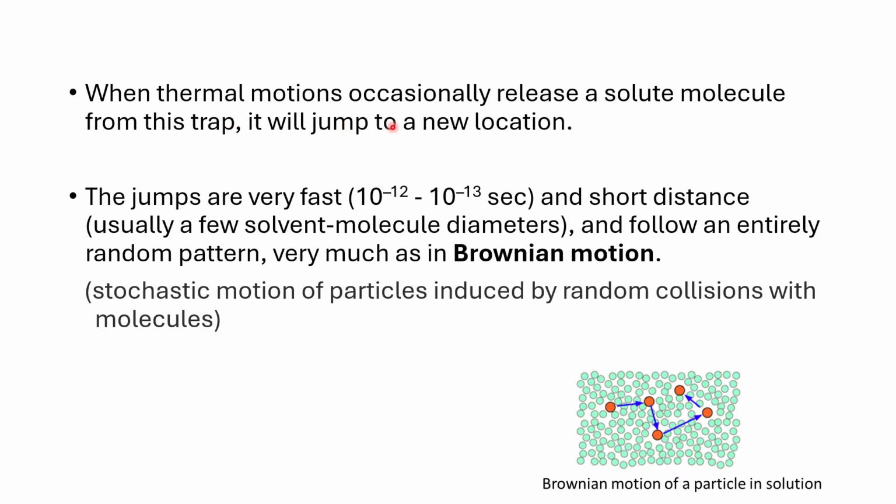When thermal motions occasionally release a solute molecule from this trap, it will jump to a new location. These jumps are very fast and over a short distance. After a time like 10 to the power of minus 11 seconds, the molecules jostle continuously, then are released from the hole and jump a short distance, following an entirely random pattern called Brownian motion.